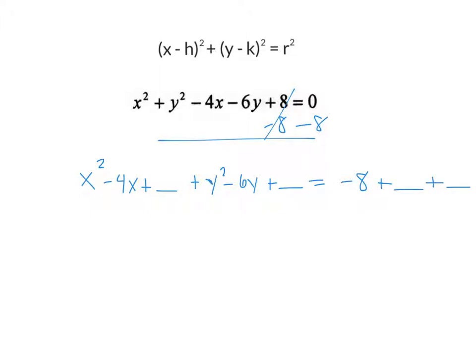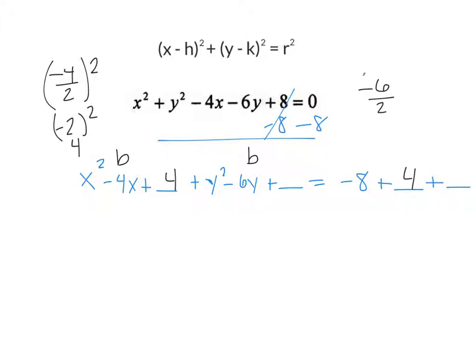So I'm going to take my b value here, divide that by 2 and square it. If you divide negative 4 by 2 and square it, that becomes negative 2 squared and you get 4. So I'm going to put a 4 here and a 4 here. My next b value is here, so I'm going to divide that by 2 and square it, and just like the last problem, that becomes 9. So I'm going to have to factor this with AM method for both the x's and the y's.